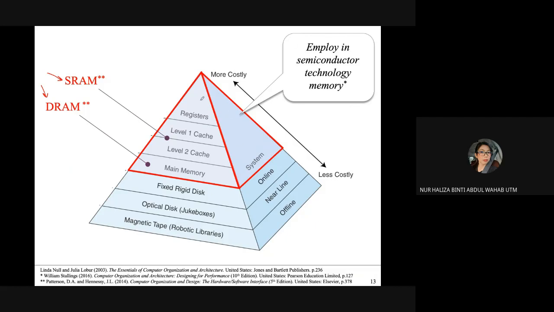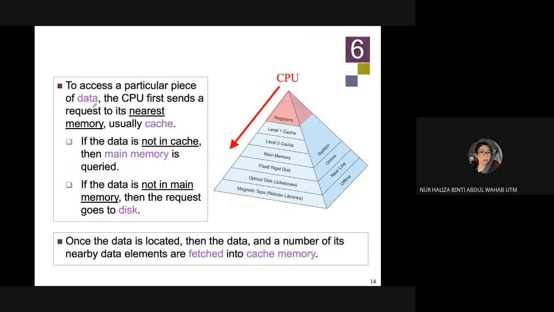You have this one, and above is your SRAM, and this one is your DRAM. You can see also over here the hierarchy, how it is relative to your CPU, whether it is inside or much further from your CPU.